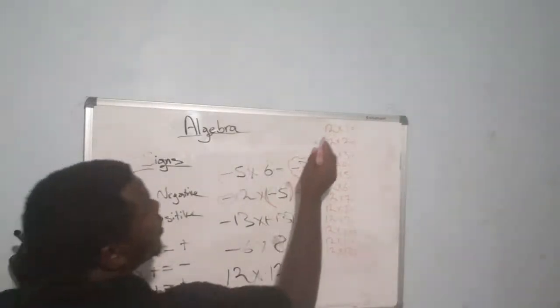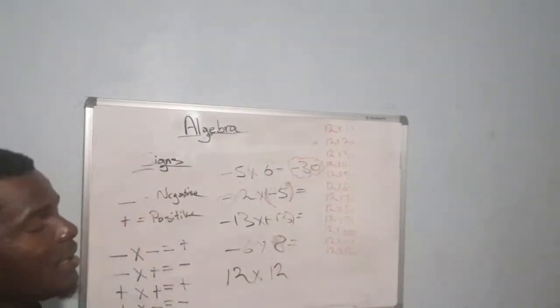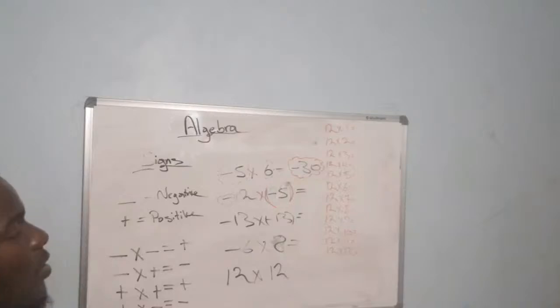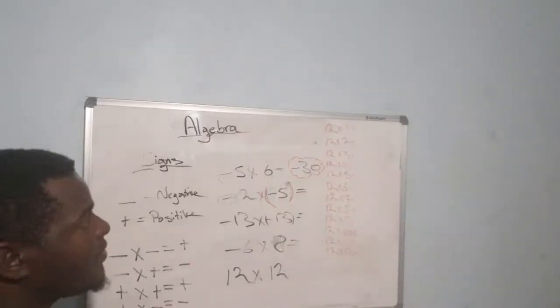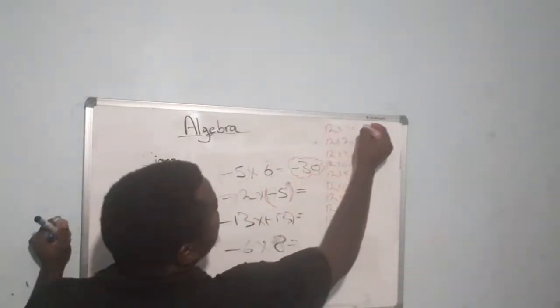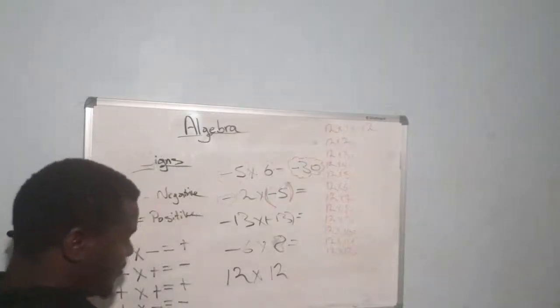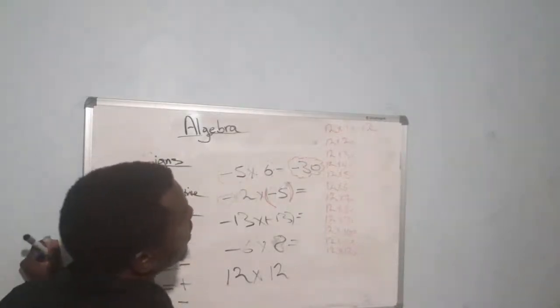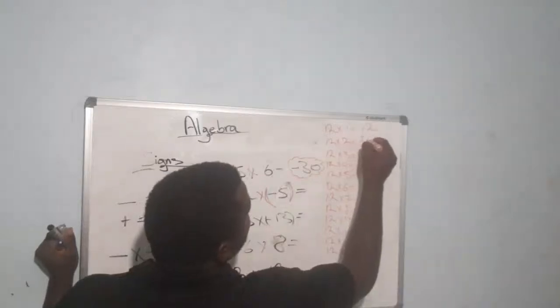So 12 times 1, and any number you multiply by 1, you will get back that same number. So if it's 100 times 1, it's 100. If it's 10 times 1, it's 10. 5 times 1, it's 5. So 12 times 1 is equal to 12. 12 times 2 is 24.